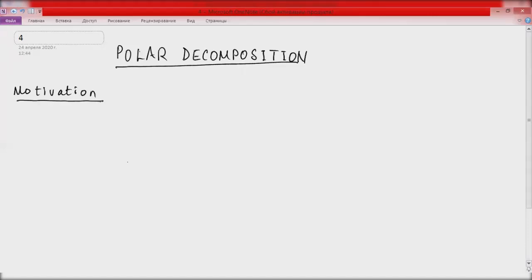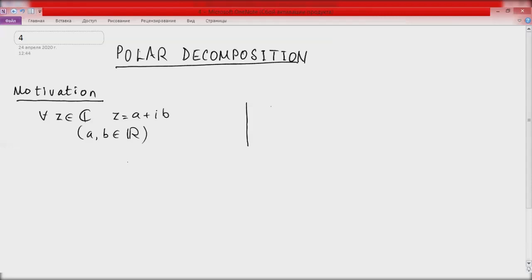As you probably know, each complex number Z can be uniquely represented in the following way: A plus iB, where A and B are real numbers. So this is just secondary school. And we already know that this formula has an operator analog.